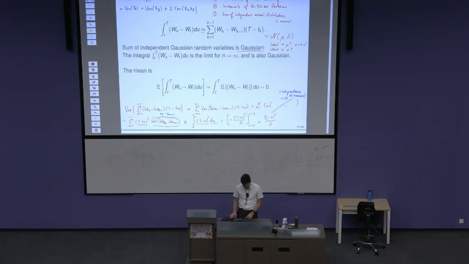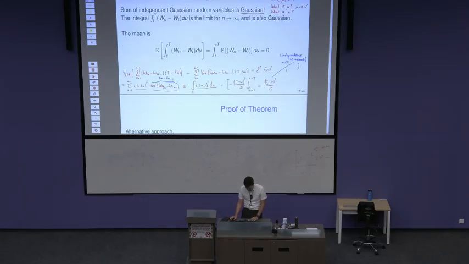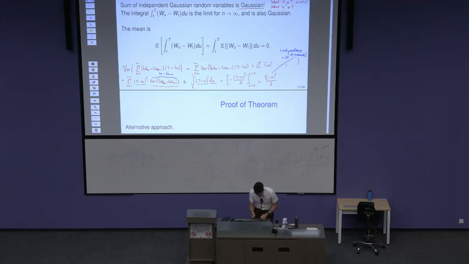What we actually want to compute is the distribution of exactly this integral: the integral from t to capital T, Wu minus Wt du. And the second part, Wt, is just fixed over all time steps u.